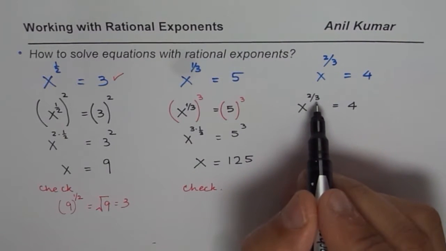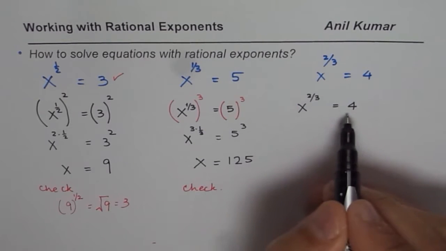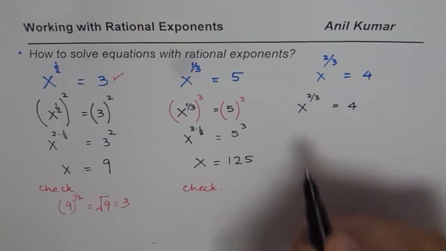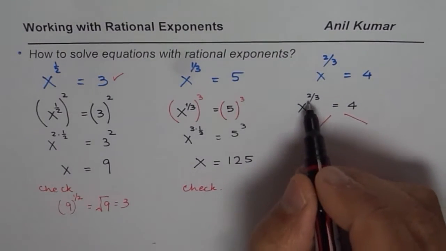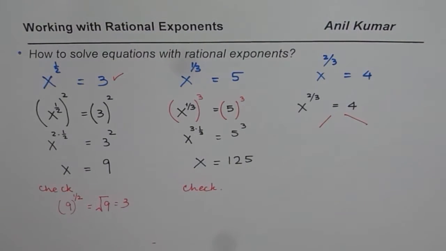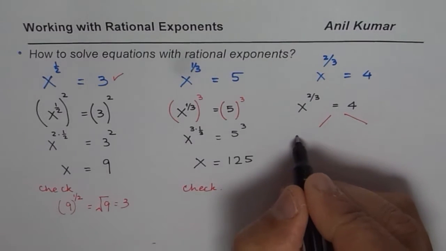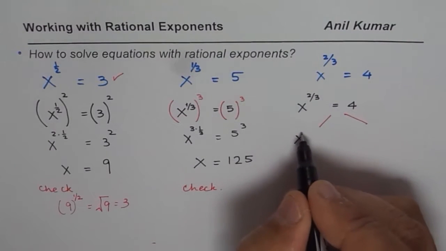I'll do the cube and then the square root and find the solution for you. You could do two methods: either cube first or take the square root first, either way. Let me take this opportunity to cube first.